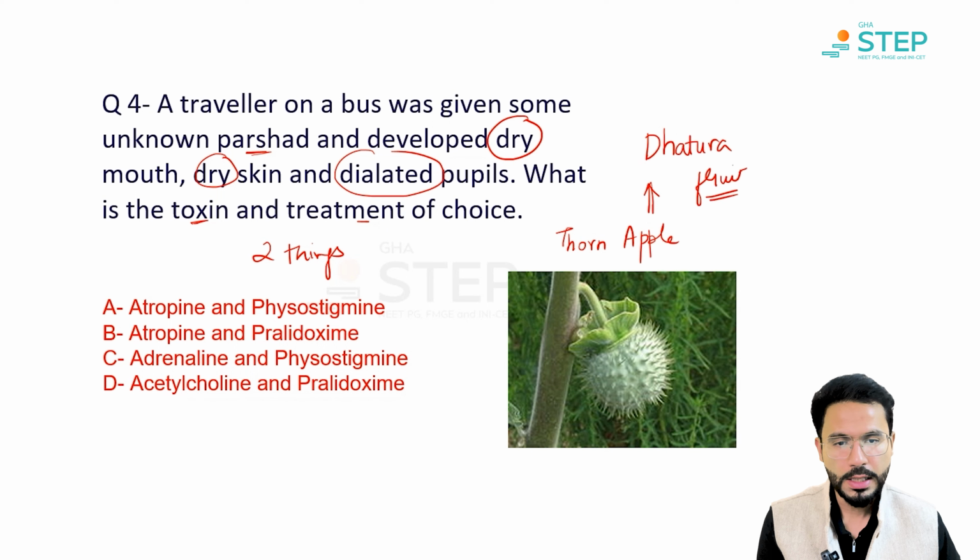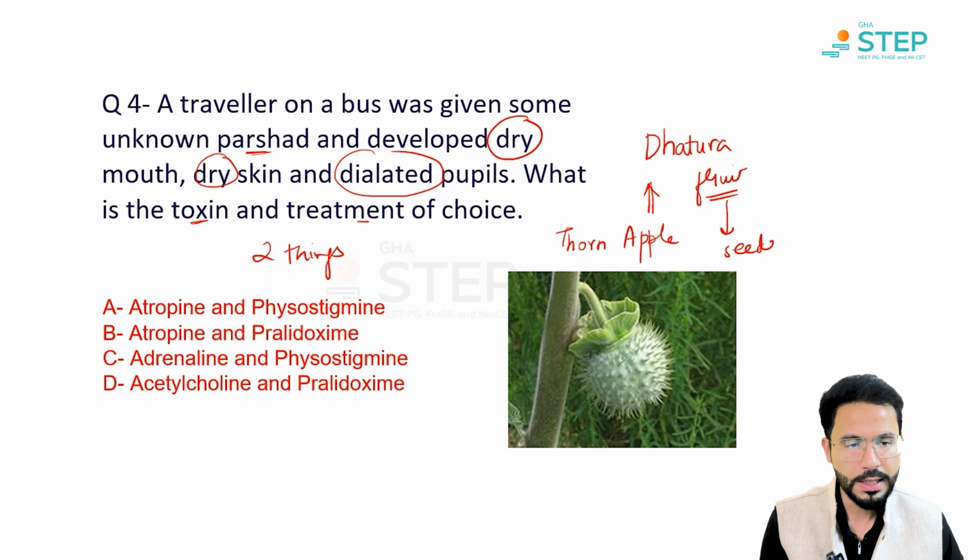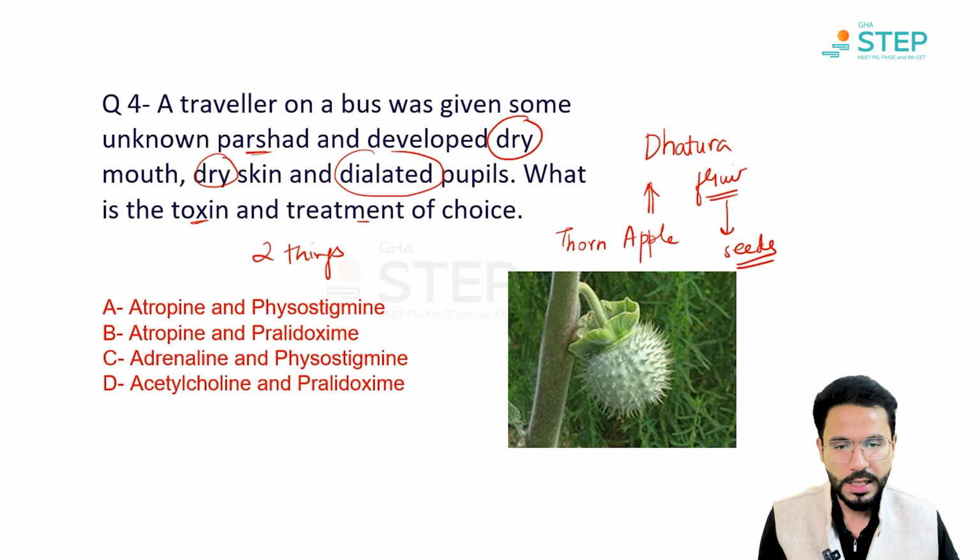And what are these symptoms associated with? This fruit contains Datura seeds. So these seeds cause these symptoms, which are D, D, D: dry mouth, dry skin, dilated pupils, and there are at least 8 to 15 Ds, which I'll just show you.